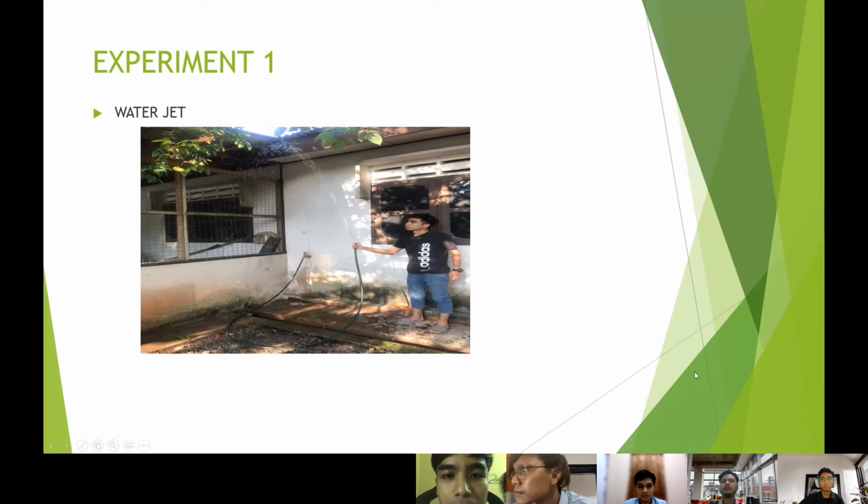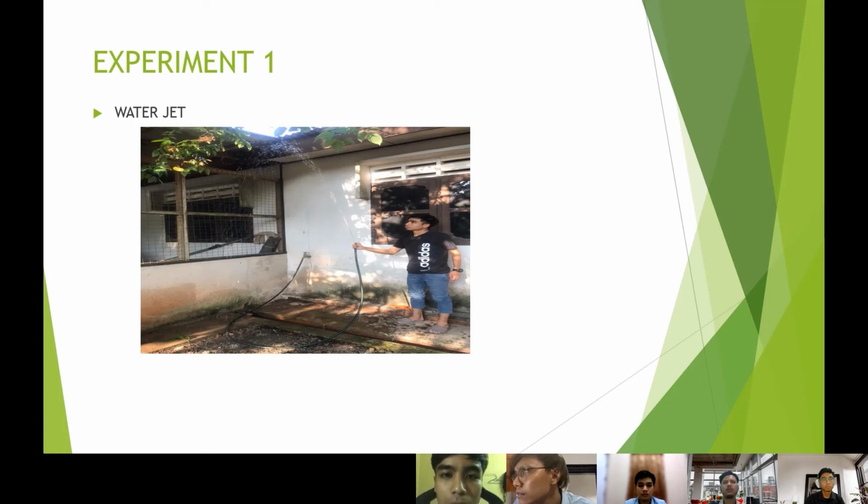Assalamualaikum. My name is Muhammad Hazim bin Ahmad Zulkafli. I will present about the experiment that we performed. First, experiment 1 is to determine the pressure of the water jet. We use the hose pipe that has a diameter of 16 mm and open the pressure and let it flow, as you can see in the slide.